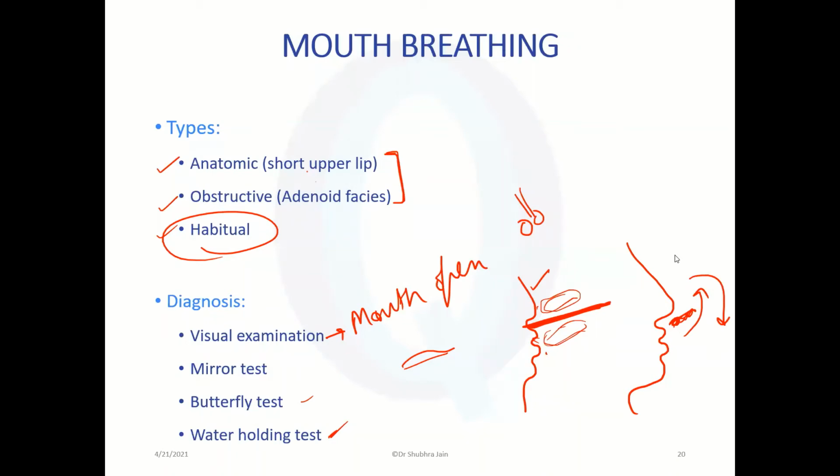I'll give you an example which you will all remember. Akshay Kumar. If you see his arches, they are all constricted and he has a lot of buccal corridor space, and he probably is a mouth breather. If any one of you has any contacts with him or any way you can ask him, then ask. I am like 99% sure that he's a mouth breather.